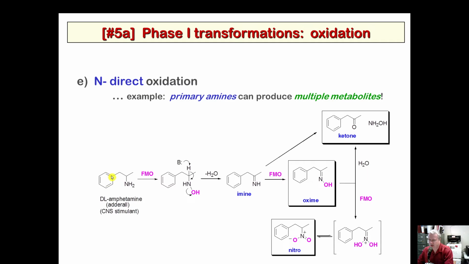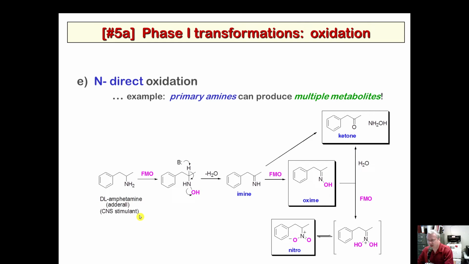It's a benzene, 3 carbons, nitrogen on the second carbon, and this form of amphetamine is a pharmaceutically used amphetamine, Adderall, which is a stimulant used for ADHD and attention deficit disorder things.